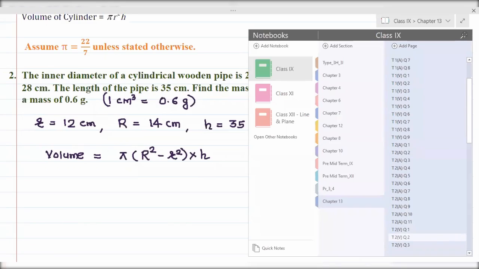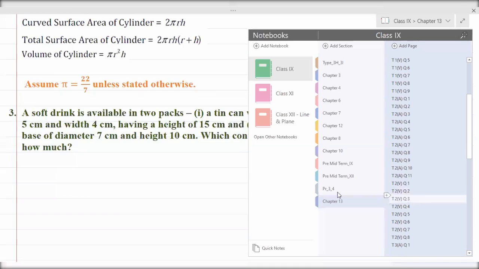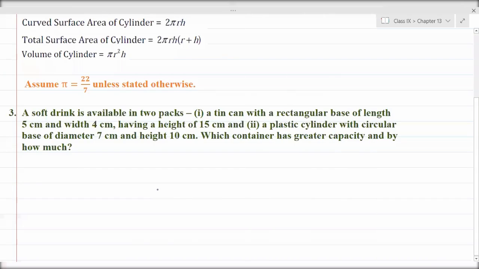Similarly, let us see question number 3 over here. In the third question, see what is given to us. This question we shall discuss orally over here. A soft drink is available in 2 packs. One is a tin can with a rectangular base of length 5 centimeter, width 4 centimeter and height 15 centimeter. Means here in the first part we are given a cuboid whose length, breadth and height are given to us.